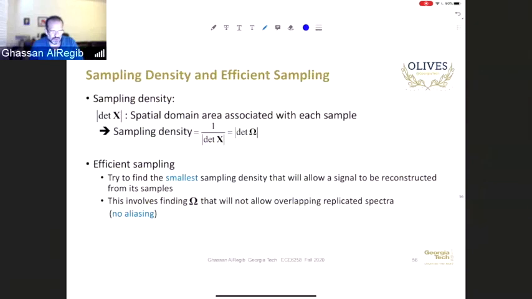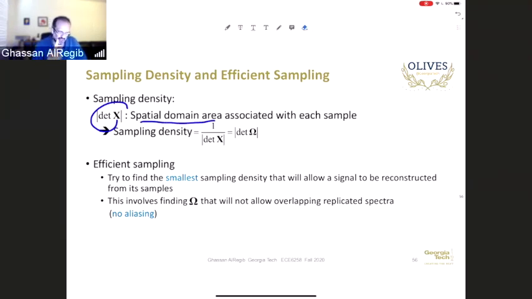And then I would conclude with this definition. Why are we doing all of this? All the last, I would say, confusing 15 minutes are leading us to this definition, the sampling density. The sampling density is defined as 1 over the determinant of X. What is 1 over the determinant of X? It is the spatial domain area associated with every single sample.